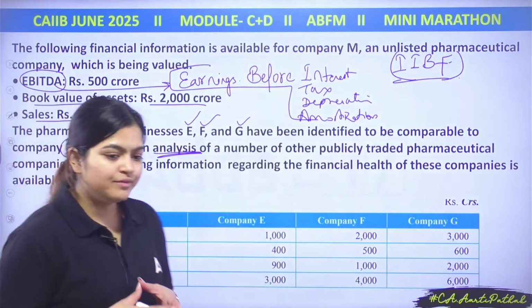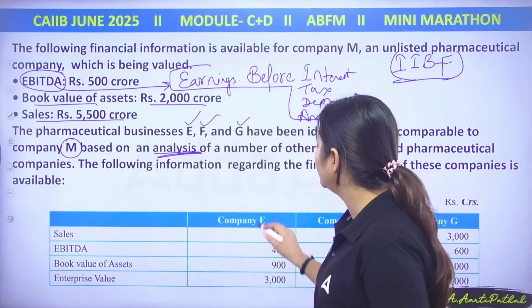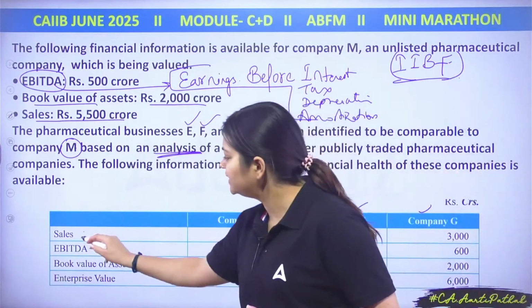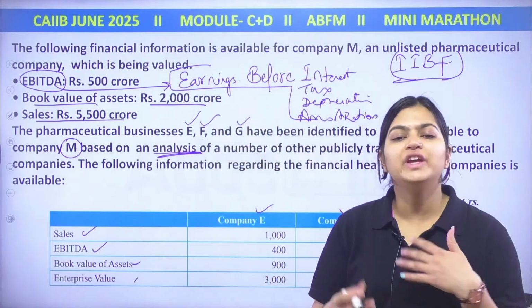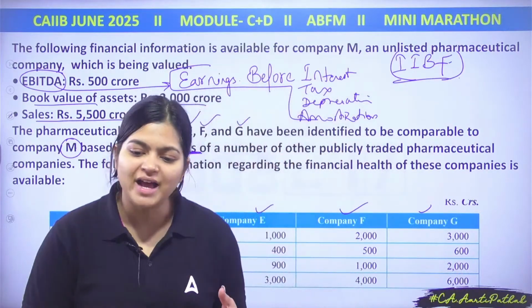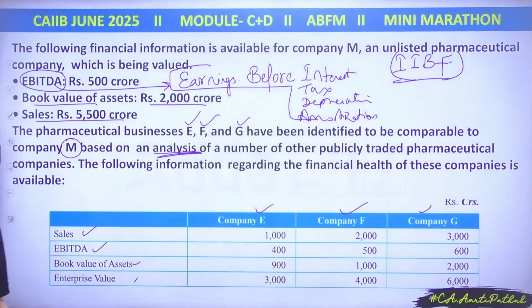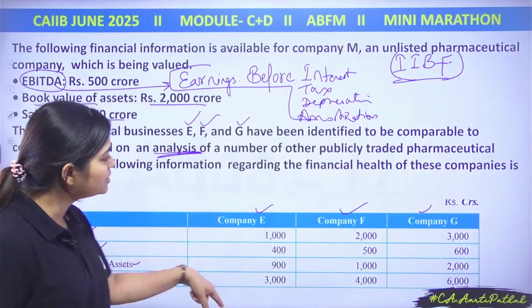When we start this question, we need to start with the valuation of these three companies first, because here you have the details individually, separately, but we need to convert these and calculate enterprise value with EBITDA, with the sales, and with the book value of assets. So this is how you first calculate for the listed companies.